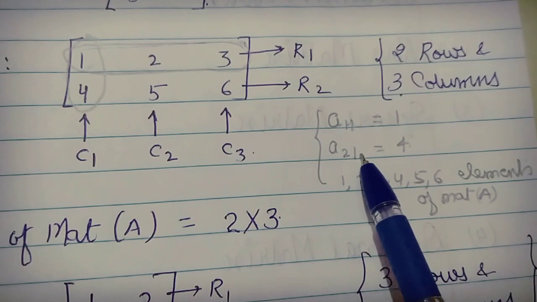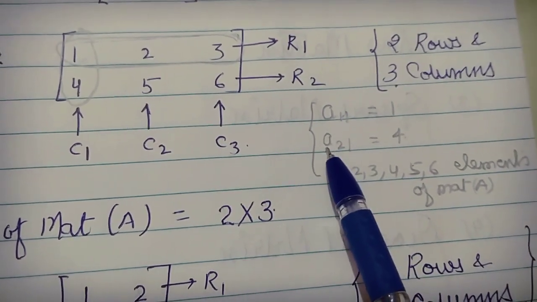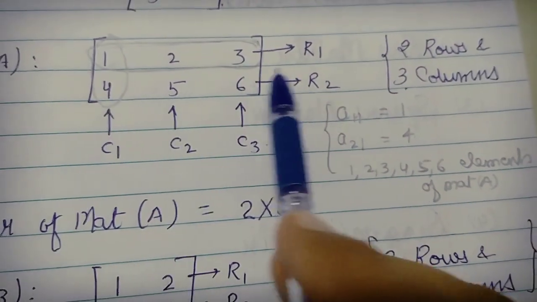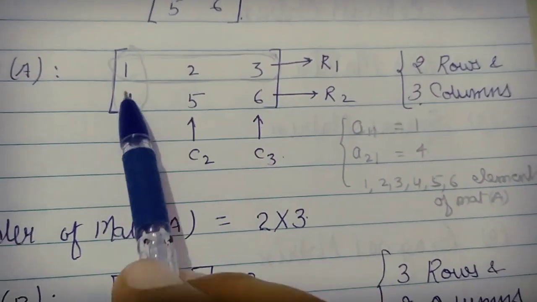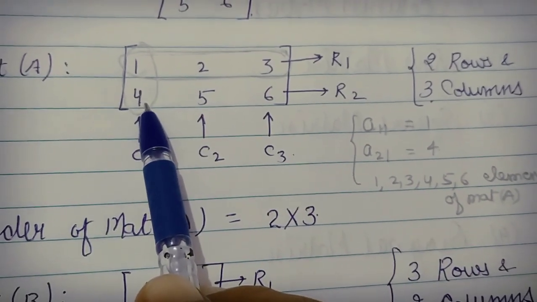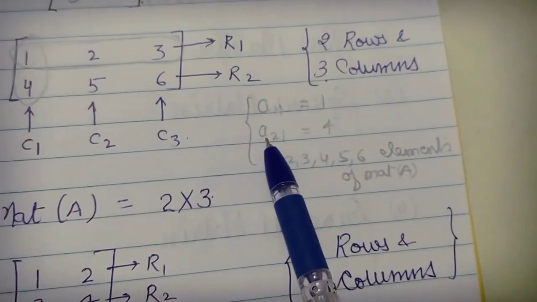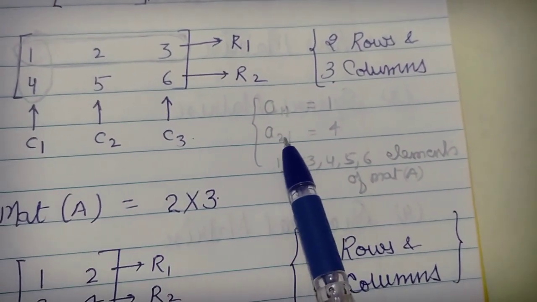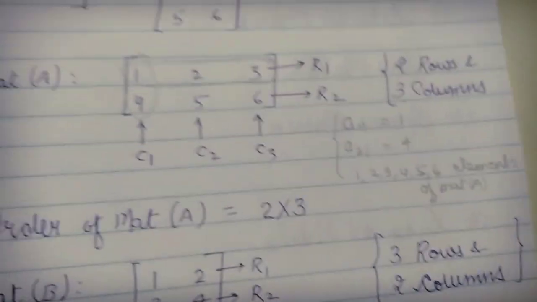What about A21? A21 means the element of the second row and first column. This is the second row and first column, so we get 4. Therefore the value of A21 is 4.